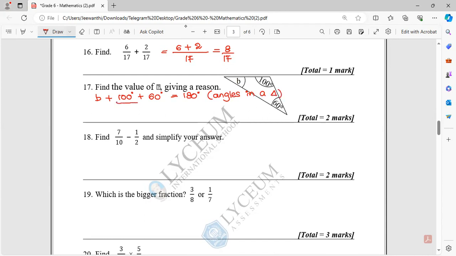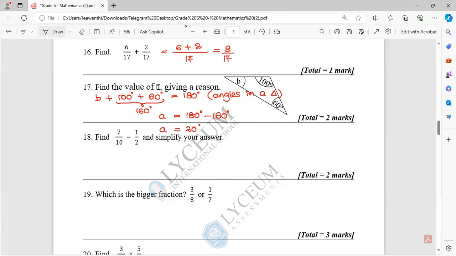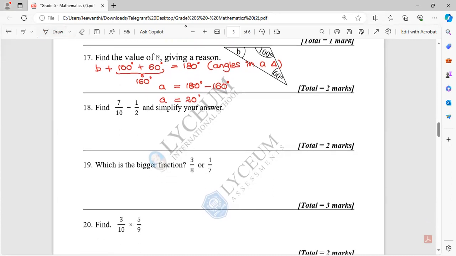Then the 160, it is 160 degrees. A is equal to 180 minus 160, so A is equal to 20 degrees. Right?